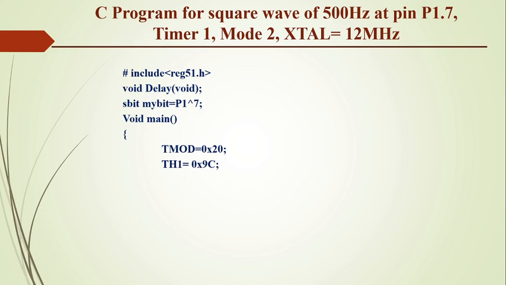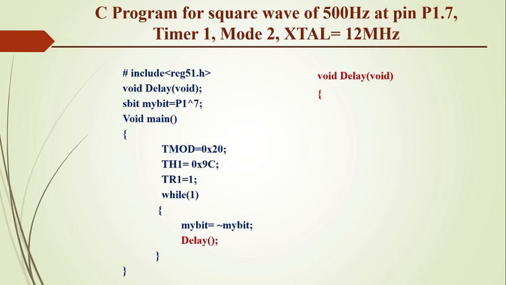So here we are selecting the timer 1 in mode 2 using the instruction TMOD equal to 0x20. Now we are loading the value in the TH1 register. Now we are starting the timer using the instruction TR1 equal to 1. So we have to just complement the bit P1.7 and call the delay. So here in the delay function, we have to just monitor the TF1 flag.